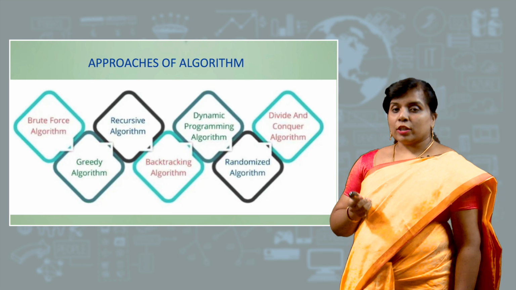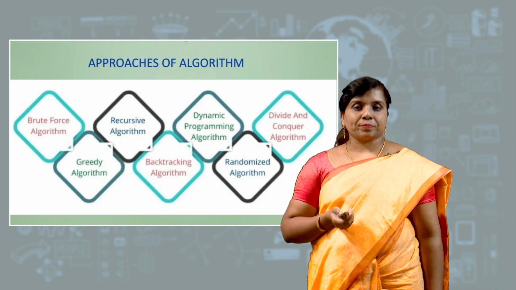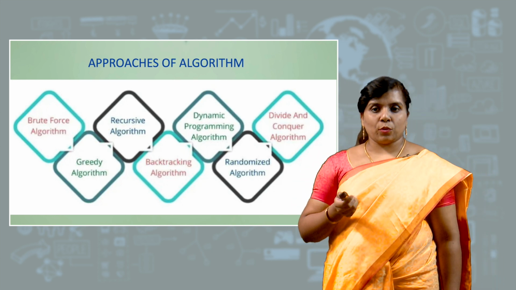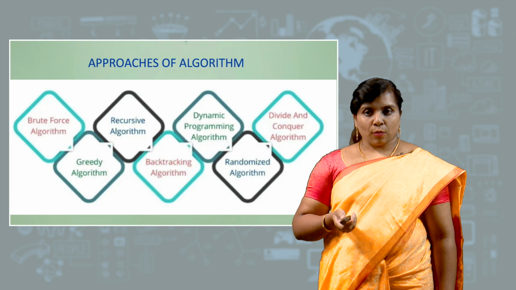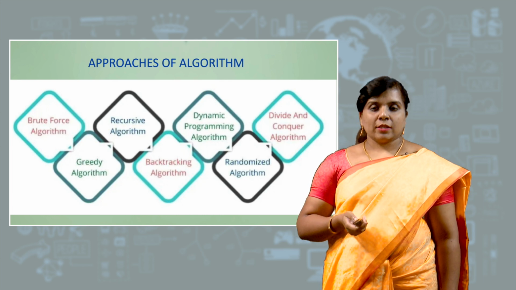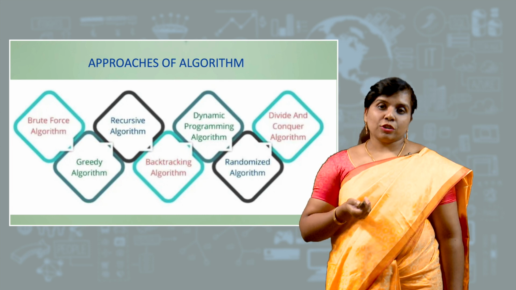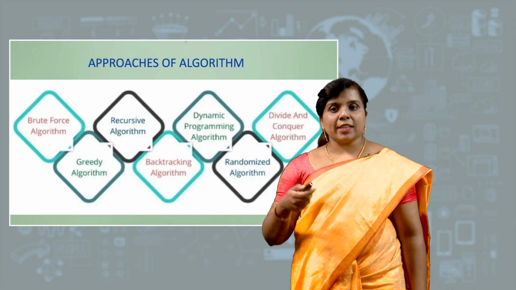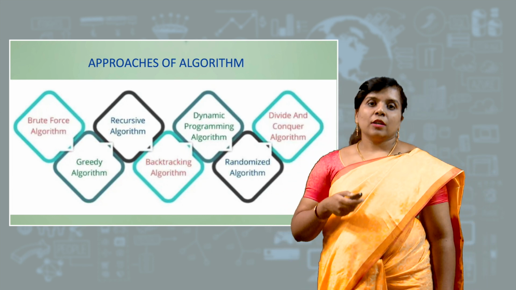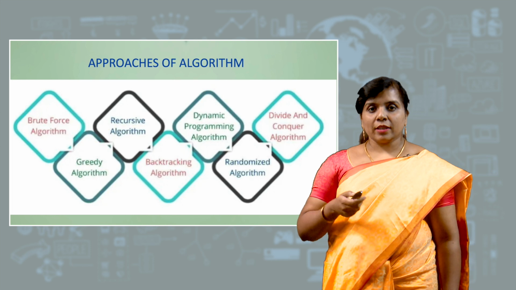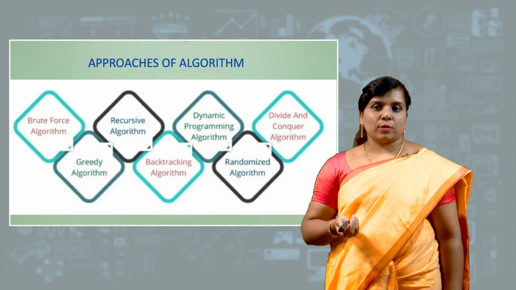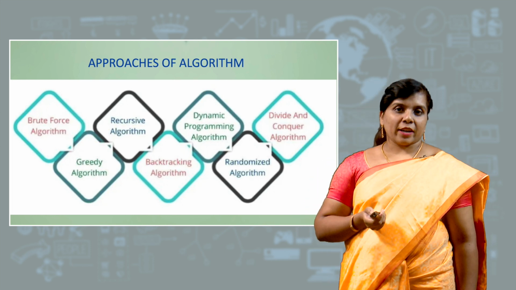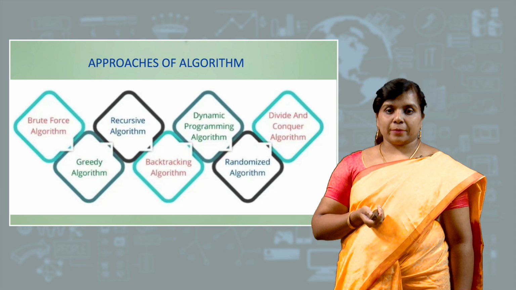Given a problem, it is decomposed into simpler sub problems, and we find the solution for the sub problems first, and finally merge the results of all the sub problems to propose the solution for the bigger problem, the entire problem. That is the concept behind the divide and conquer algorithm.